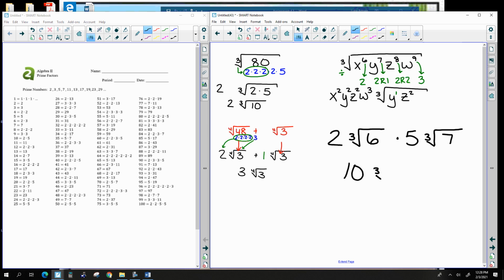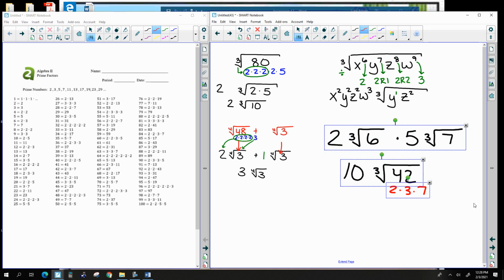Roots multiply roots, 6 times 7. Just take a quick glance to see if your answer can simplify. No, I can't make a third root of anything out of that. So thus, that is your answer. This is the main topic of today's lesson right here.